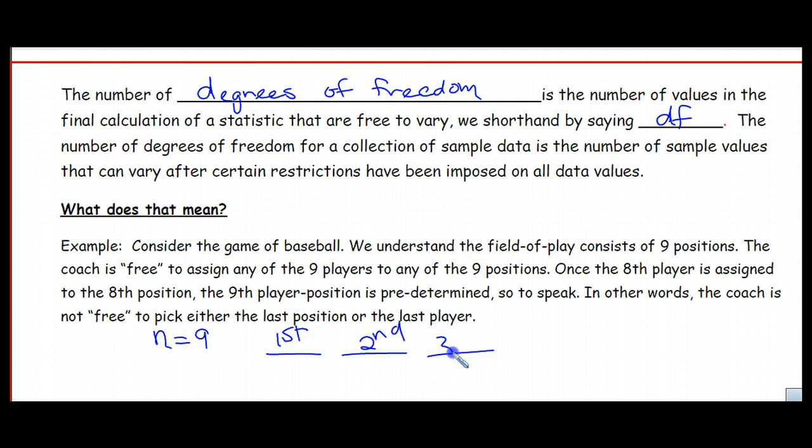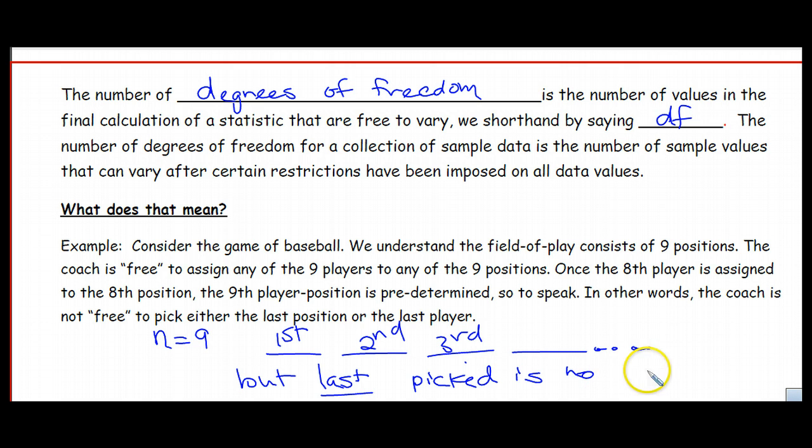I have fewer choices for third, but I still have a choice, and so on. So I have choices for those first 8. But the last one picked is no choice. This means that I have a degree of freedom of 8 because I had some freedom to choose for those first 8, and that last one's chosen for me.